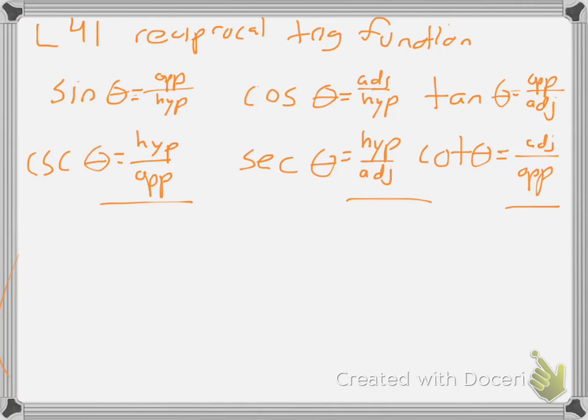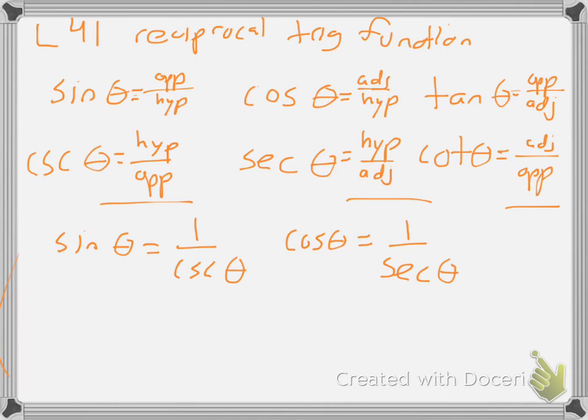Now, what I need to do is realize that these can be written other ways. We can say that sine of theta is equal to 1 over cosecant theta. Cosine theta is equal to 1 over secant theta.